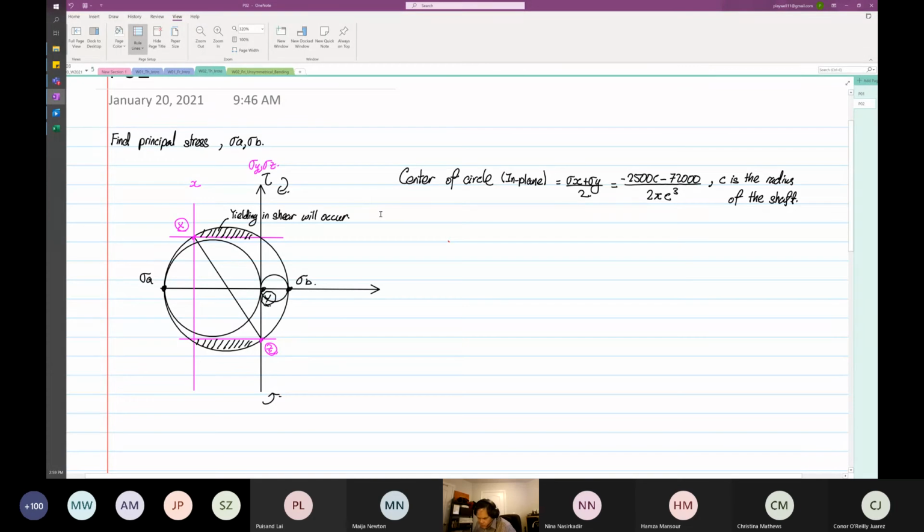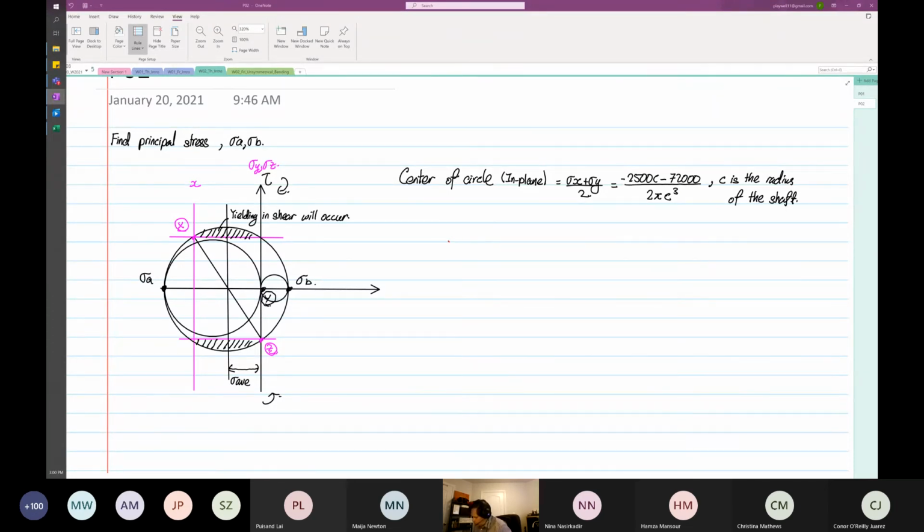So what we are trying to find now is the average center of the circle. Over here, this is our stress average.